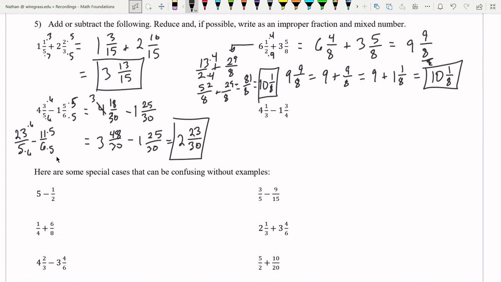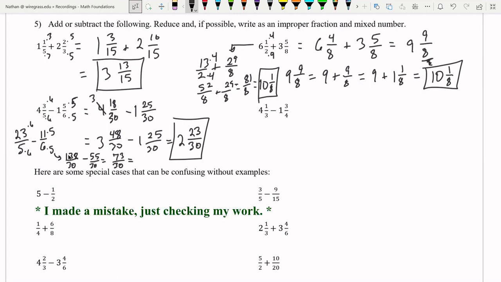That's going to give me, I'm just going to do it down here, 23 times 6 is going to be 120 plus 18, so 138 over 30 minus 55 over 30. 138 minus 55: 130 minus 50 is 80, and 8 minus 5 is 3.